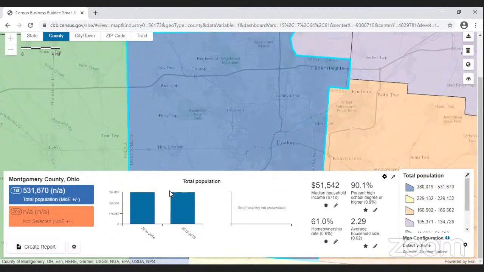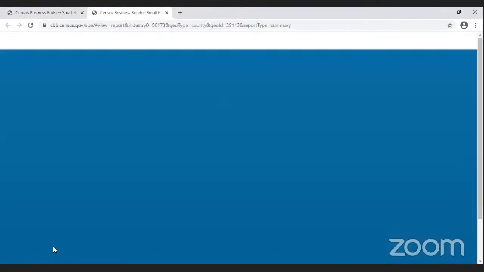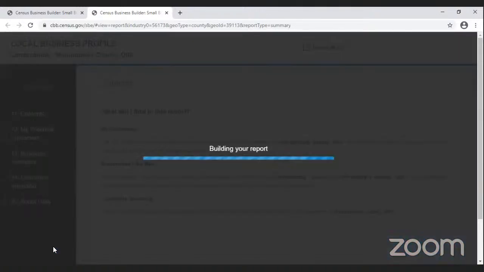On the dashboard down here, you see create a report. You can click on create a report, and everything I showed you, all the ACS, all the economic data, is going to be available in this report. A very simple, easy to read report.